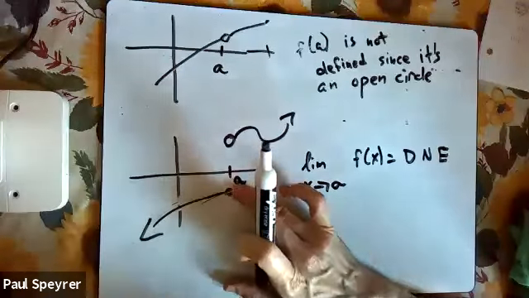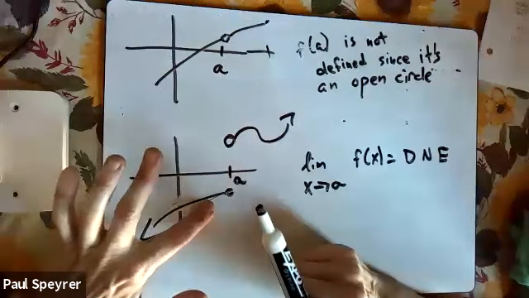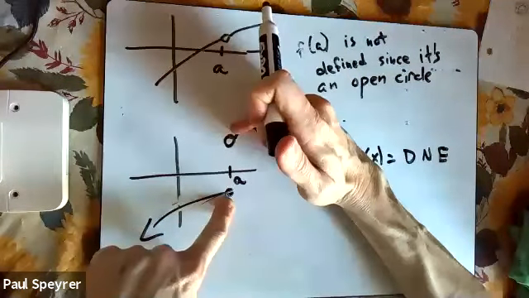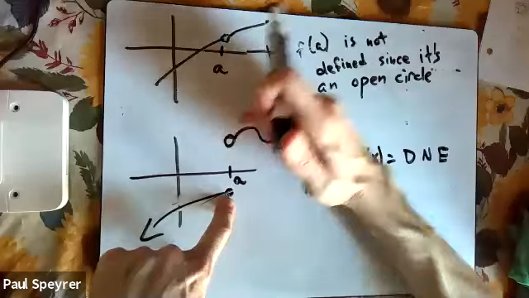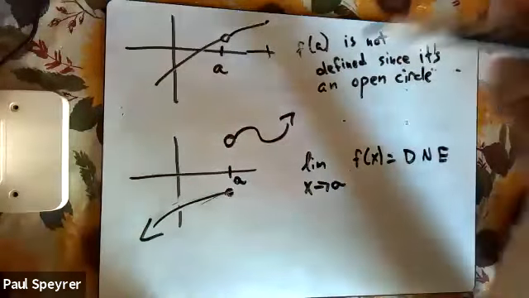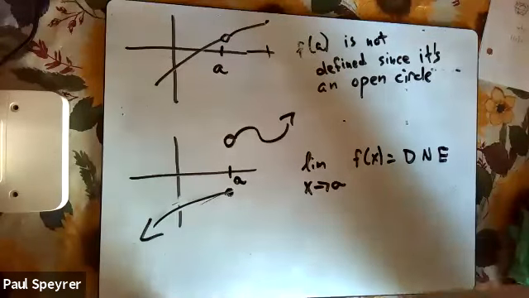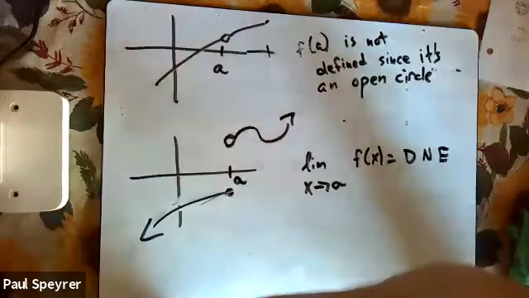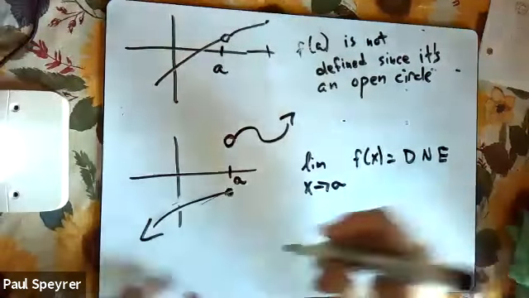Do they right here though? No, because as I approach a from the left, we're down here with y. But as I approach a from the right, we're up here with the y value. So no, they don't match. That's why the limit does not exist in this case, and therefore, it is not continuous at a. And now an example of the third case.